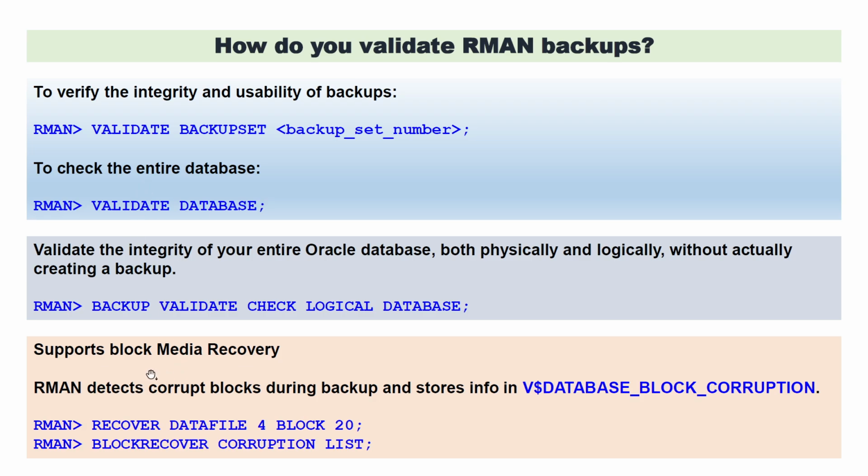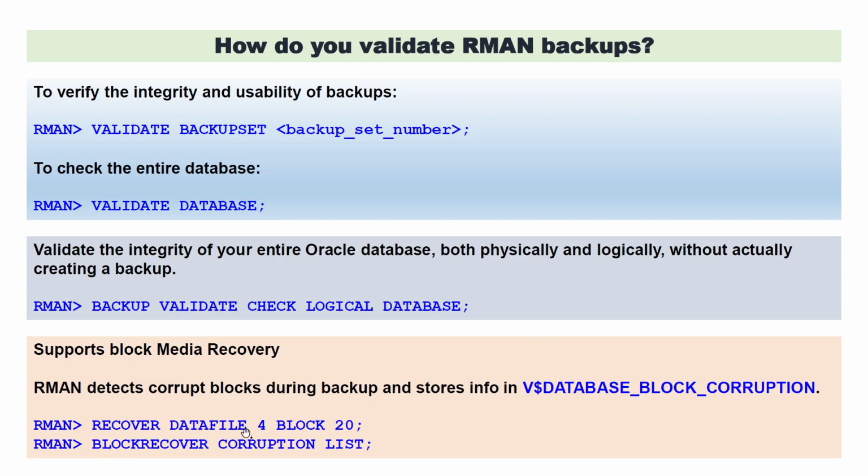RMAN also supports block media recovery. If there are any corrupted blocks when you run validate database or validate backup set, those corrupted blocks will be stored in V$DATABASE_BLOCK_CORRUPTION. Remember one thing: when you take a full backup or any type of backup, if RMAN finds any blocks corrupted, it will store that information in V$DATABASE_BLOCK_CORRUPTION.